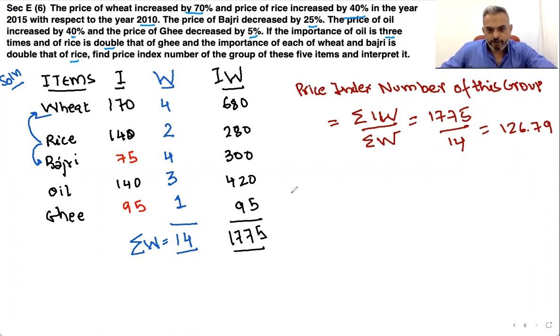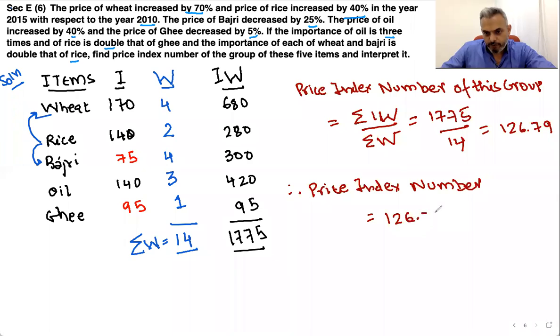So therefore, price index number is equal to 126.79. Answer.